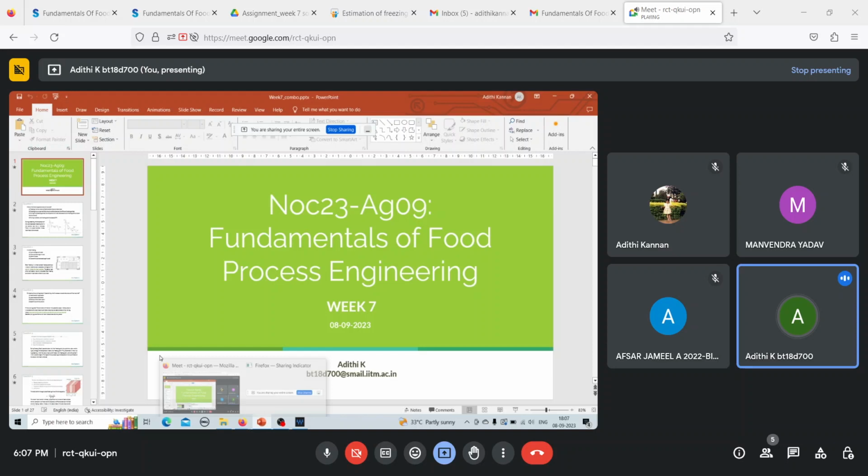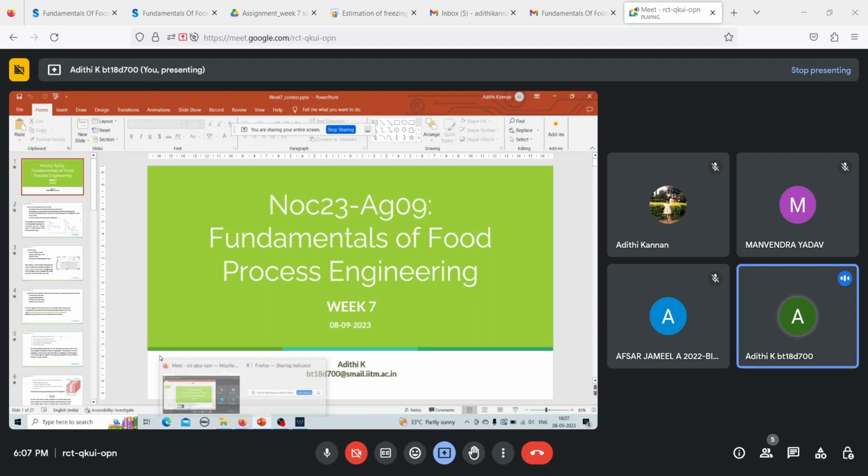So in this case, when we look at the heat transfer rate, this is how Planck's equation looks. The rate of heat transfer is equal to area times (Tf minus Ta), where Tf is the freezing point of the food, Ta is the air temperature, that is the surrounding cold air temperature, and h is the convective heat transfer coefficient. First the heat has to be transferred from the surface to the outside environment. Heat is being removed from the surface to the outside environment, so that involves convective heat transfer.